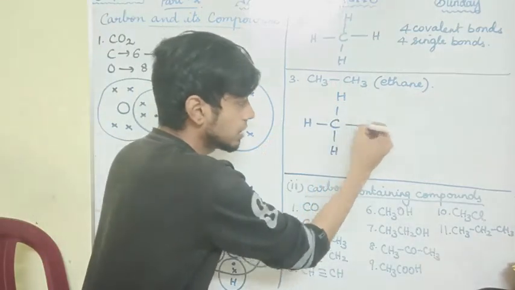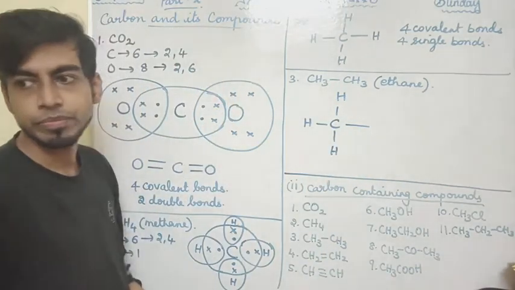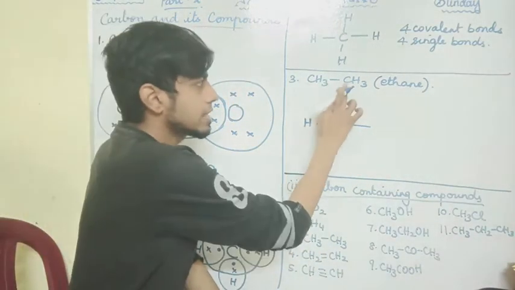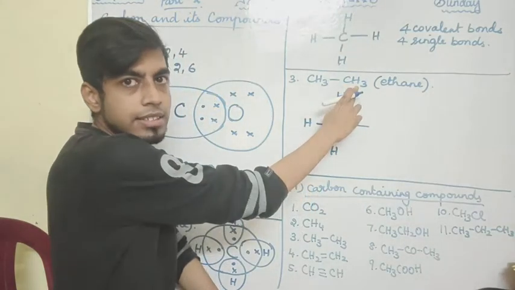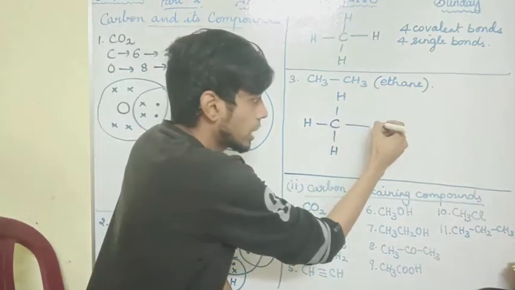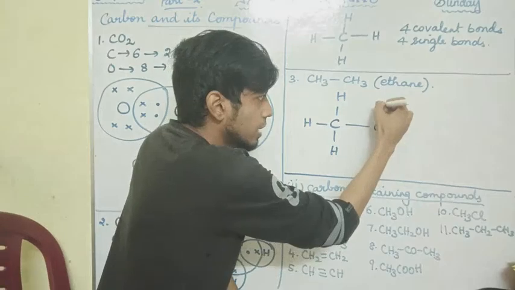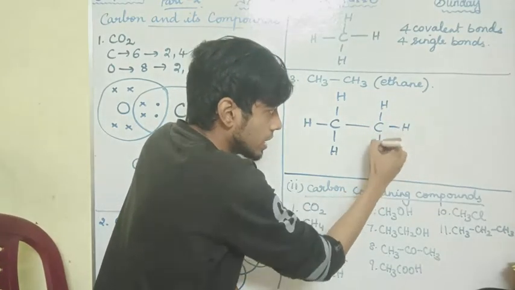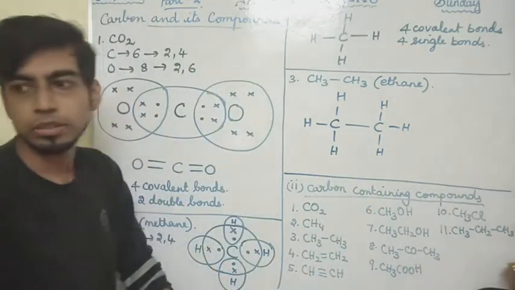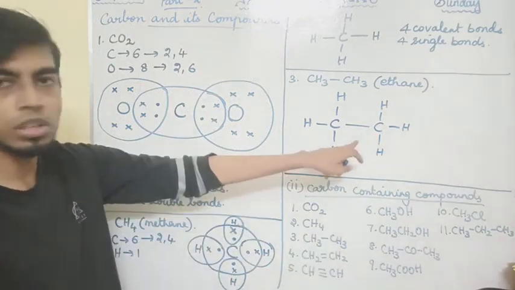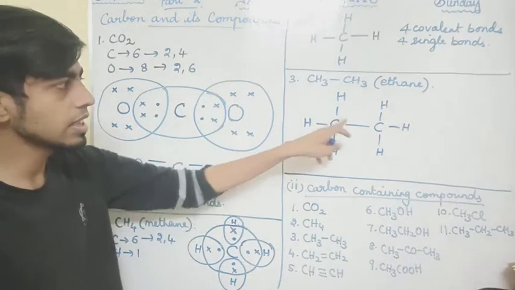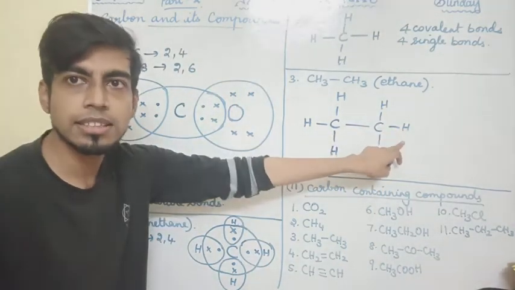So I am putting that single bond in the middle. Next again what is there? CH3 is there. Carbon, and H3 means 3 hydrogens are connected to that. Okay, understood? So this is CH3 single bond CH3.